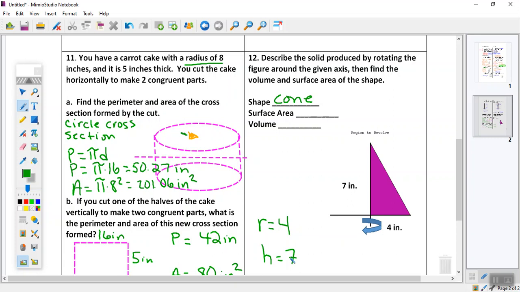You got a surface area there for me, Kylie? 151.58. 151. And that would be square inches. Can you run a volume on that while you're in there for me? 117.29. Thank you, Kylie.